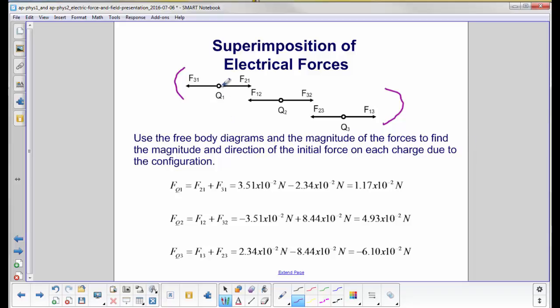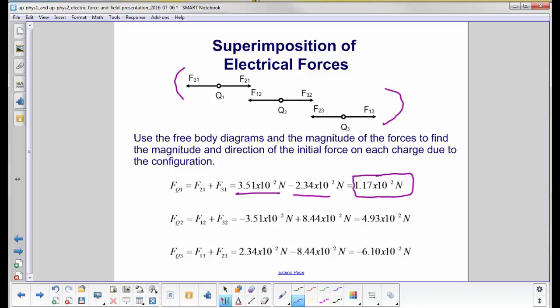So the force on Q1 is going to be the force of 2, 1 with a positive in front of it because it's to the right, and F of 3, 1 will be a negative because it's to the left. So here's the force that 2 exerts on 1. We got that on the previous slide. That's positive. And 3, 1 is going to be a negative. And we find out that the total net force on Q1 is 1.17 times 10 to the minus 2 newtons.